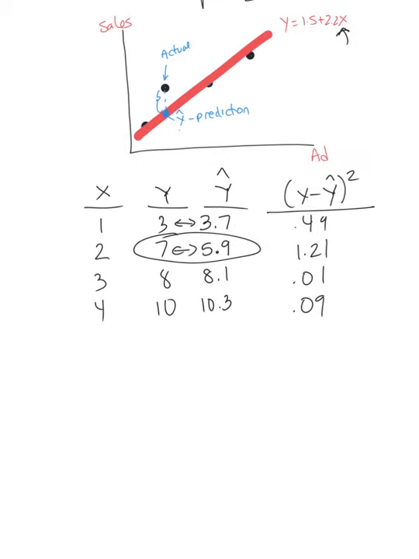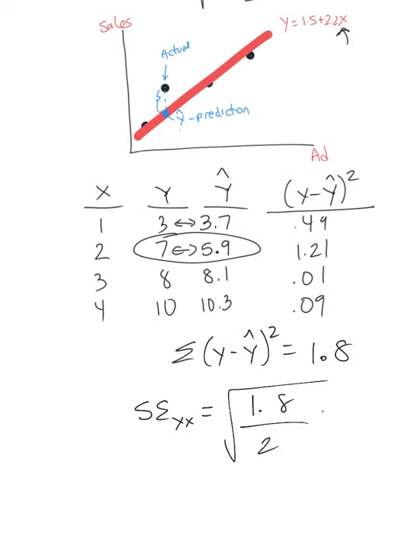So now finally, the sum of y minus y hat squared is equal to 1.8. So the standard error of our entire regression is going to be 1.8 divided by 2. We take the square root of that, and we get 0.948.